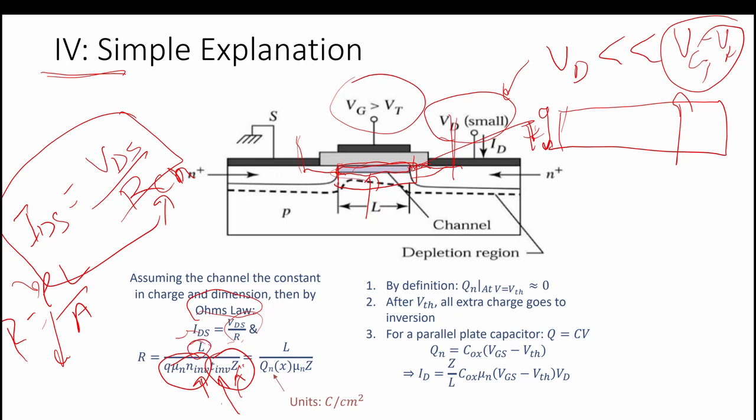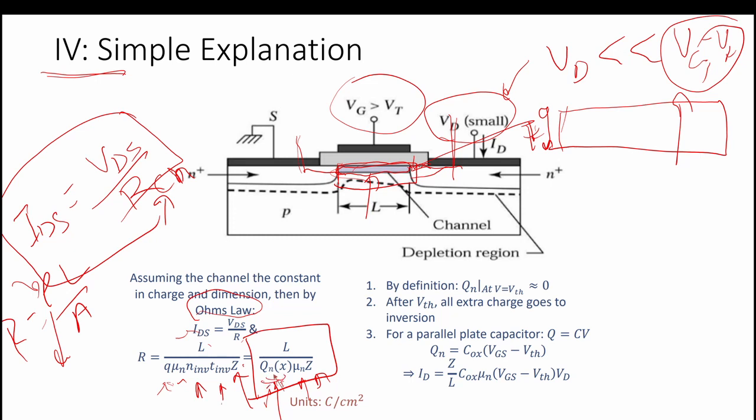So R is given by L divided by Q mu n inversion, T inversion, and G. So this is given by L divided by Q inversion, which is nothing but the charge density, into mu n into G. Q inversion is Q n x.